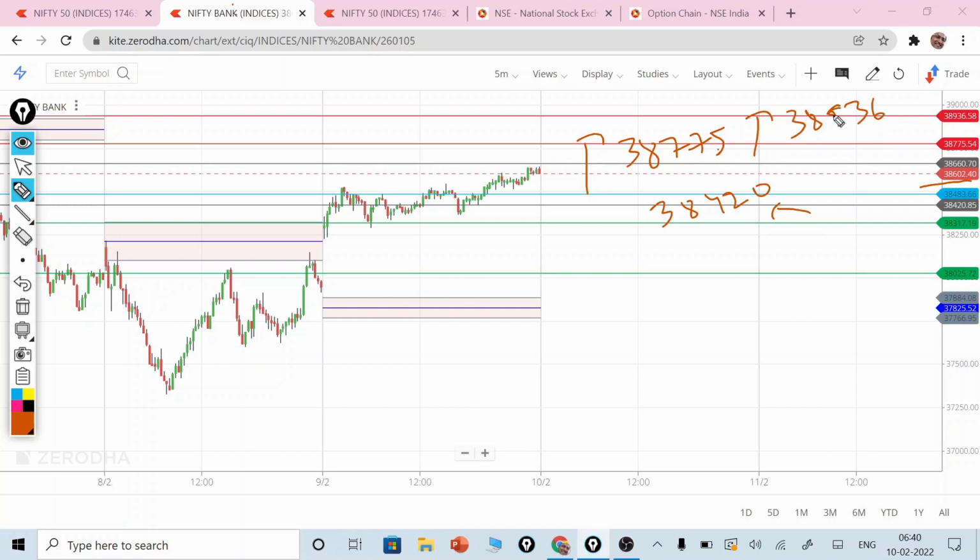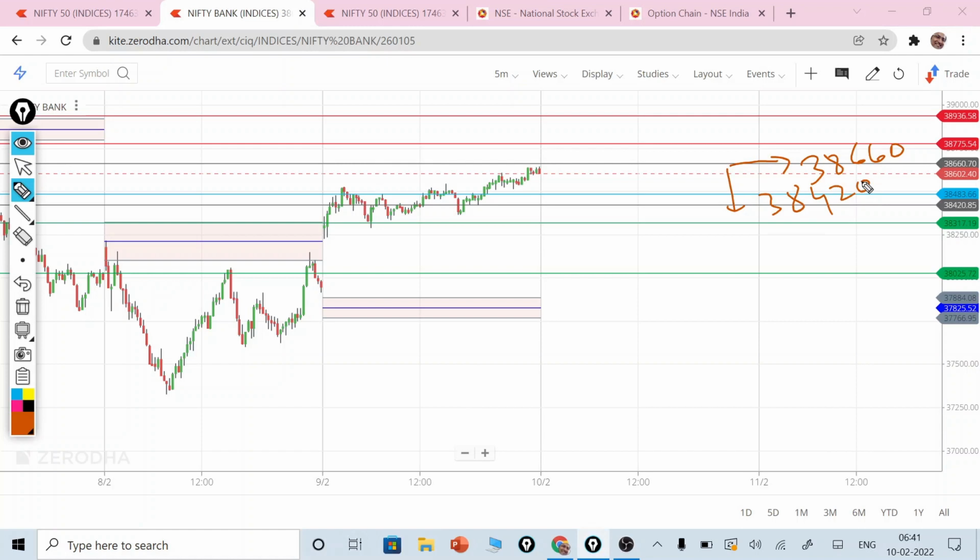Now what happens if Bank Nifty is not able to sustain 38,660? If it opens higher and is not able to sustain this, which is the top central pivot range, then do not trade, wait for it to break down and come below 38,420.